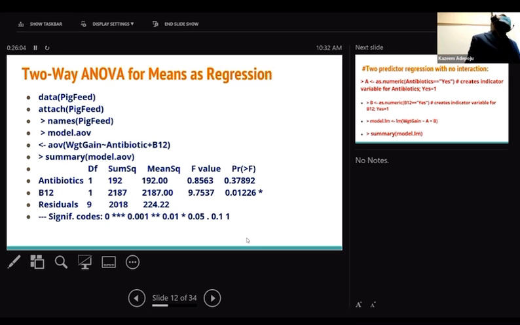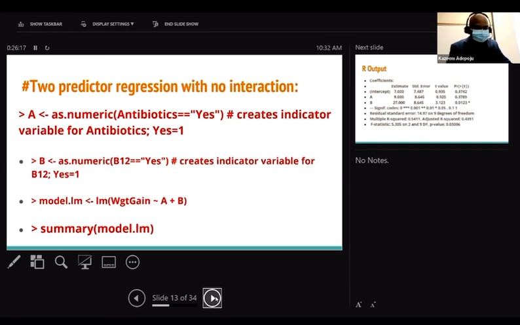If I decided I don't want to use two-way analysis of variance, and I want to go in the direction of regression, let's see what is going to happen. What am I doing now? If I want to go in the direction of regression, of course, I need to create two-way effects, because I have two factors.